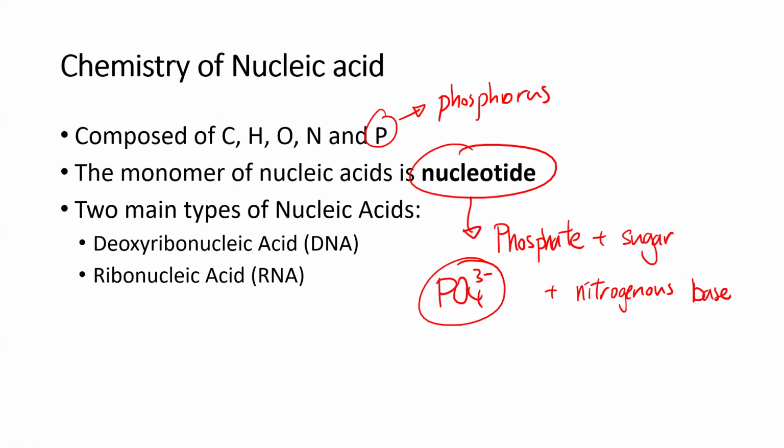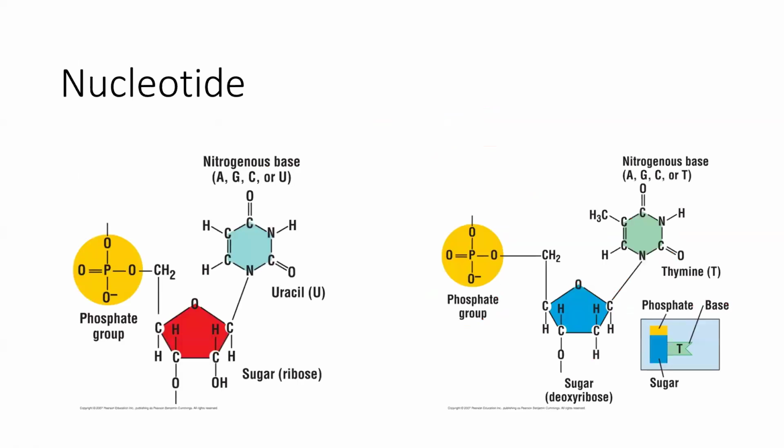Remember that? The same thing here. We have 3 different parts. Now let's take a look at the nucleotide structure. On the left side, we have a nucleotide for RNA, and on the right side, we have a nucleotide for DNA. Let me explain to you.